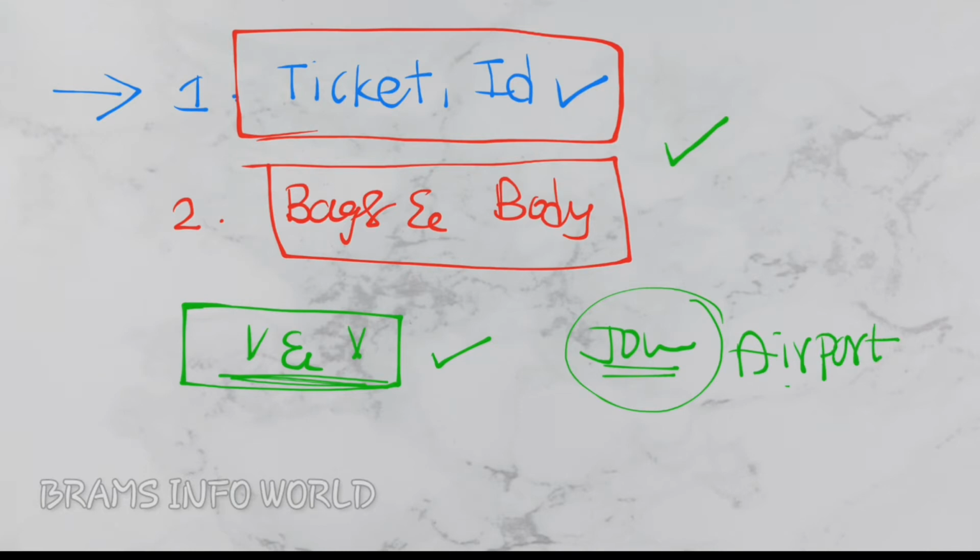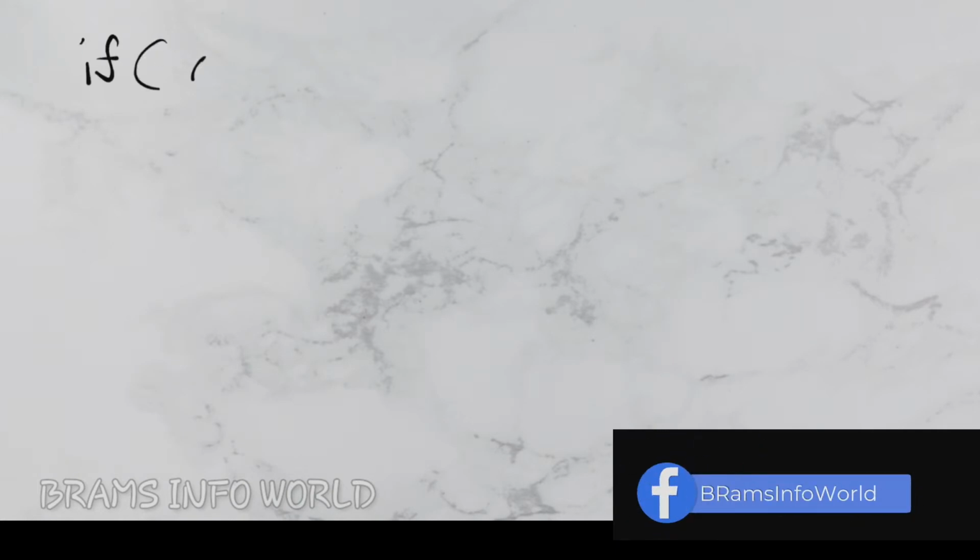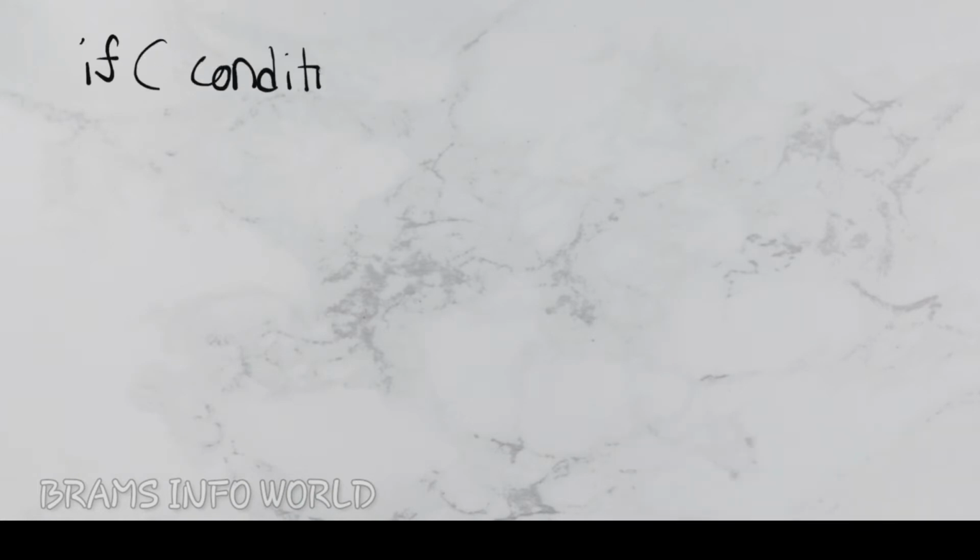In a similar manner, we execute a nested if statement in the C program. We write an if statement, if followed by condition 1. If condition 1 is true, then some statement is executed, and after that we write one more condition.